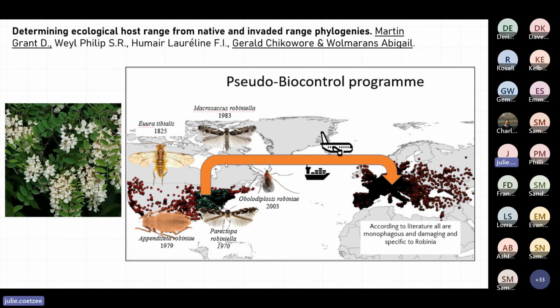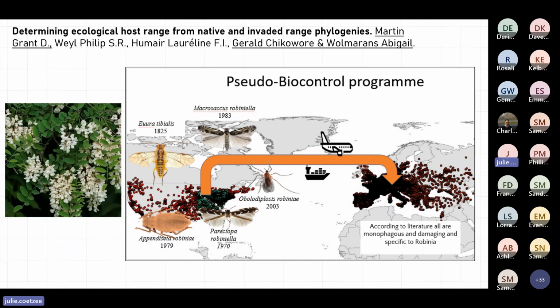Then also looking at choosing a biocontrol agent, Grant Martin has done a lot of work on Robinia pseudoacacia, which I'm sure a lot of you will recognize. It's become hugely invasive in the high-lying or high elevated areas of South Africa, particularly in the Southern Free State. It's native to the USA in this green area.